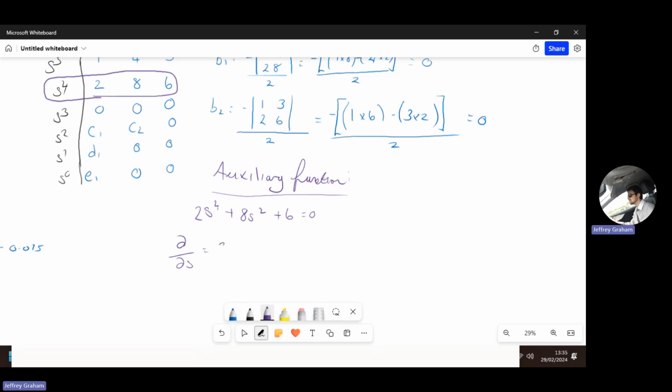So differentiating that, we get 8s cubed plus 16s equals 0 because the constant disappears.